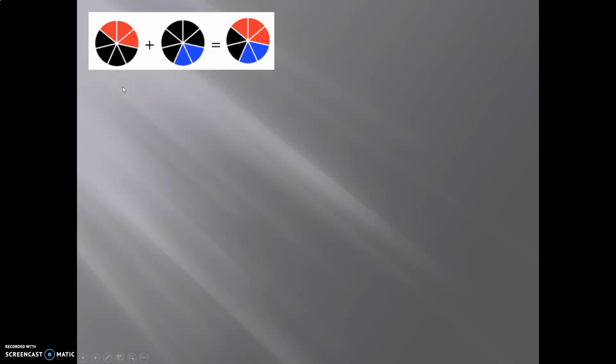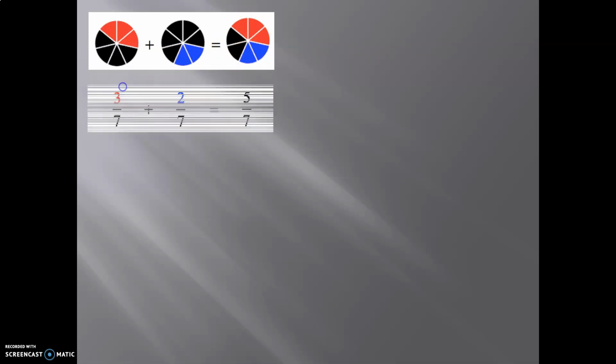So let us see how to express this with fractions. 3 out of 7, these are the parts that I colored in red, plus 2 out of 7, these are the parts that my friend colored. Together we finished 3 and 2, we finished 5 out of the 7 parts. So can you see? We have a common denominator, or like fractions. So our answer should have the same denominator.